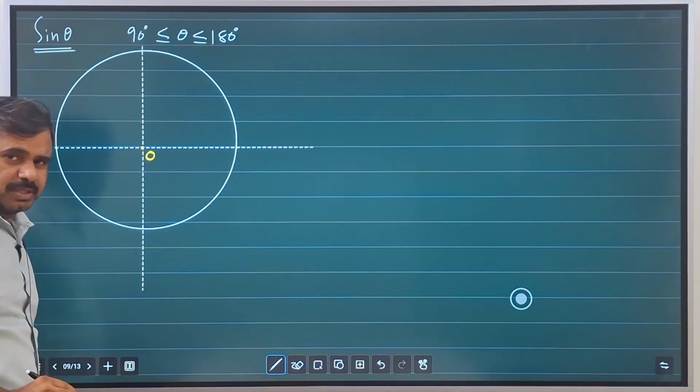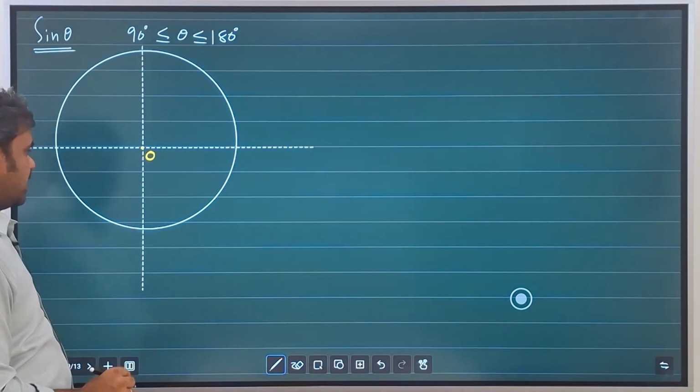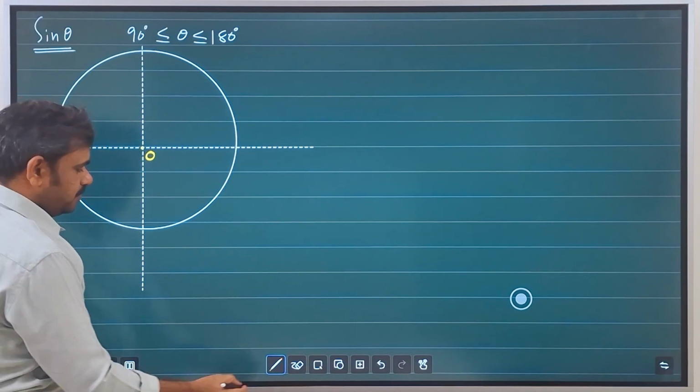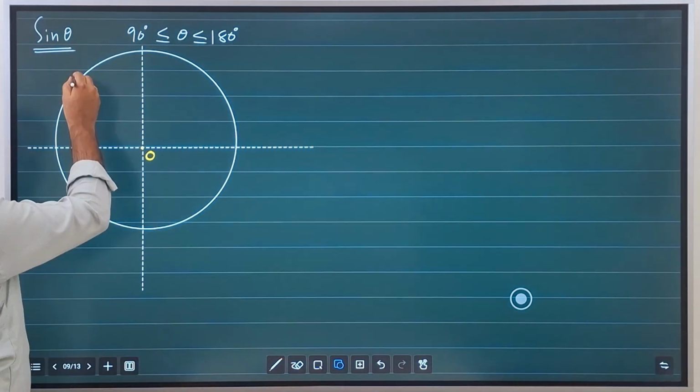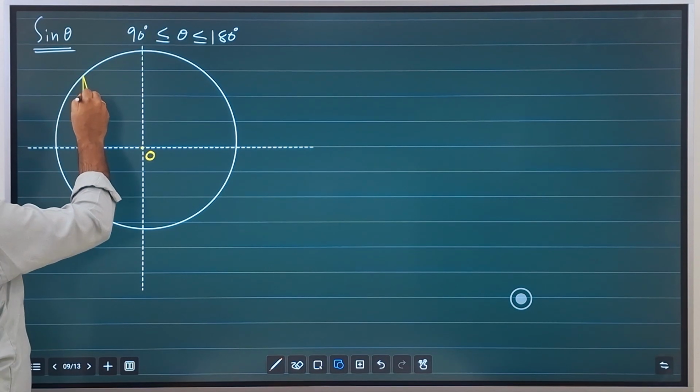This is the origin of the coordinate system, which is also the center of the circle. Let's take a right angled triangle in the second quadrant.